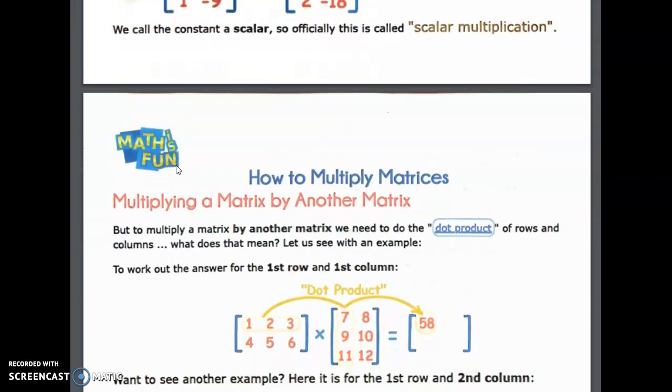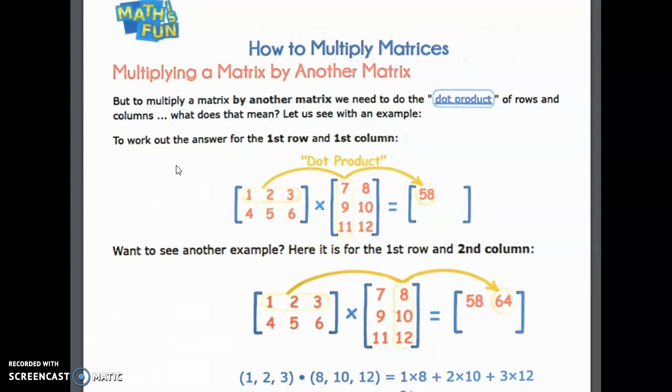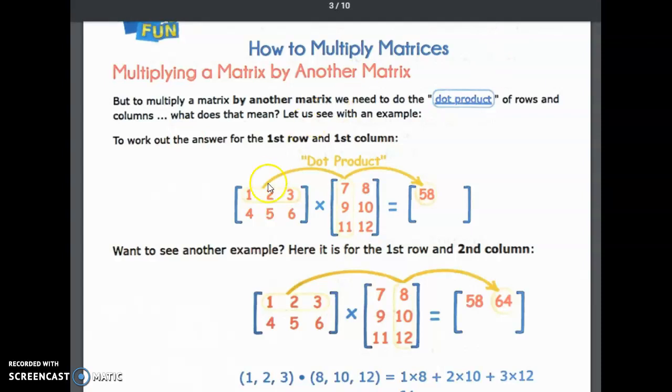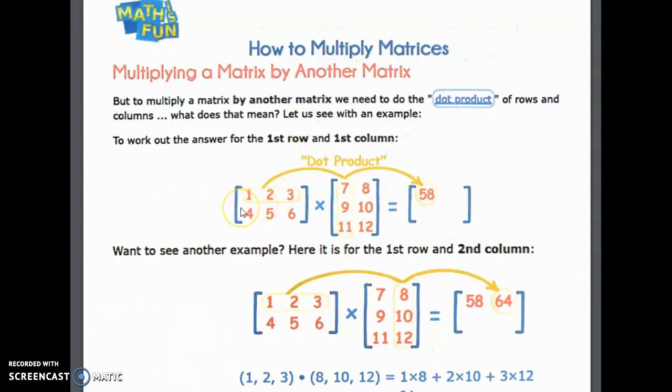But we can also multiply 2 different matrices, and this is where things get a little bit different. To multiply a matrix by another matrix, we do what's called the dot product, where we multiply all the numbers in one row with all the numbers in one column. And then we add those sums together.